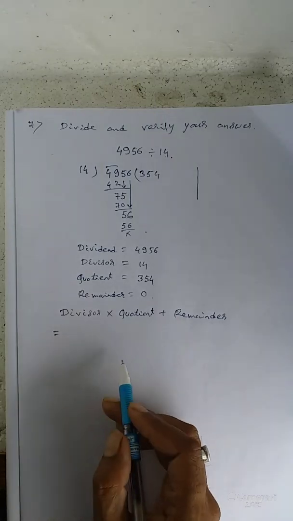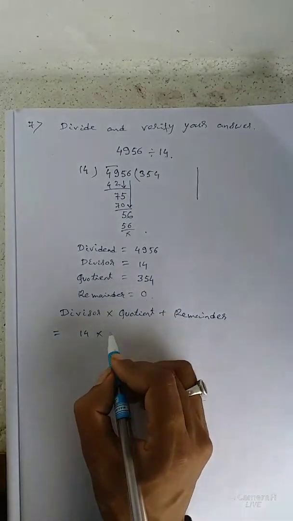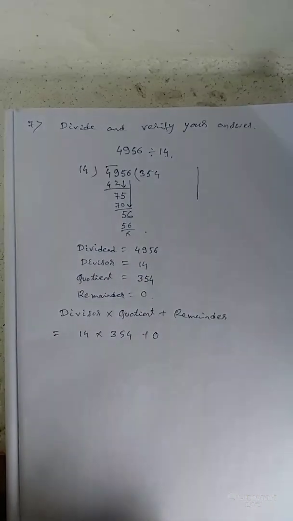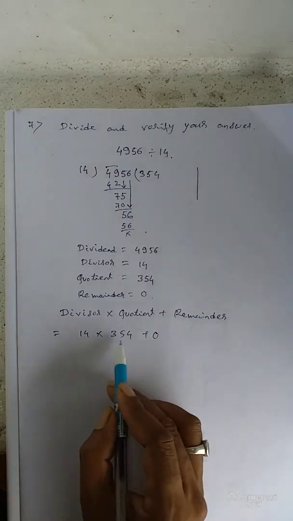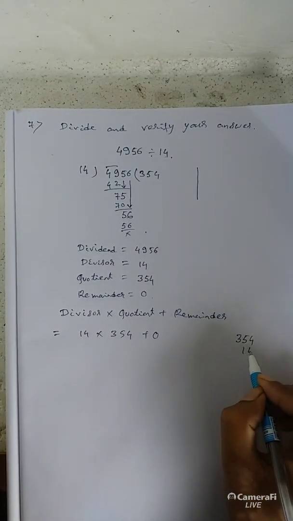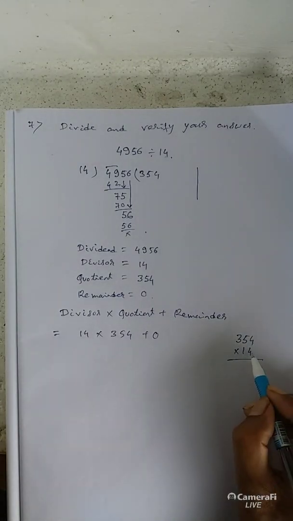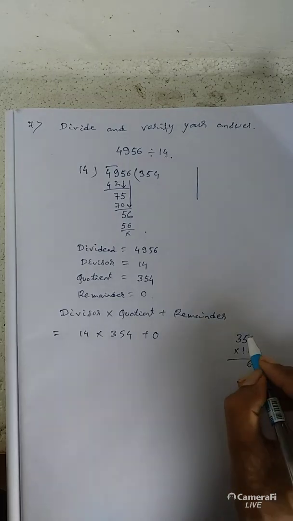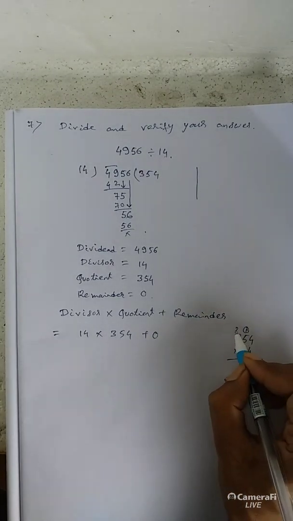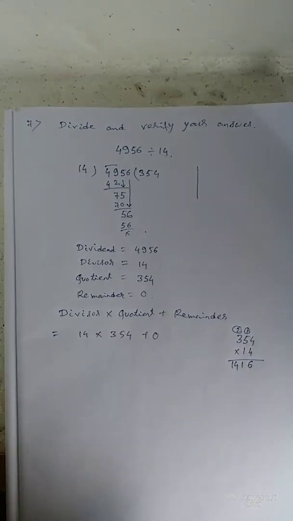What is the divisor here? Divisor 14 multiply quotient 354 plus remainder 0. Let us first multiply 14 and 354. Multiply it first with 4. 4 4 just 16, 6, 1 carry. 4 5 just 20 plus 1, 21, 2 carry. 4 3 just 12 plus 2, 14.